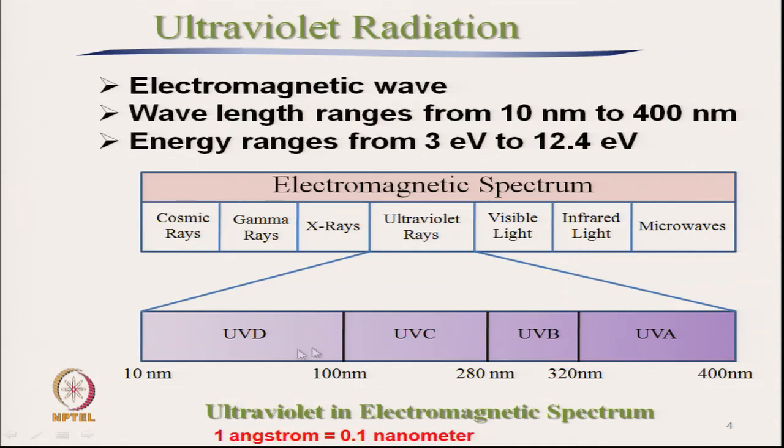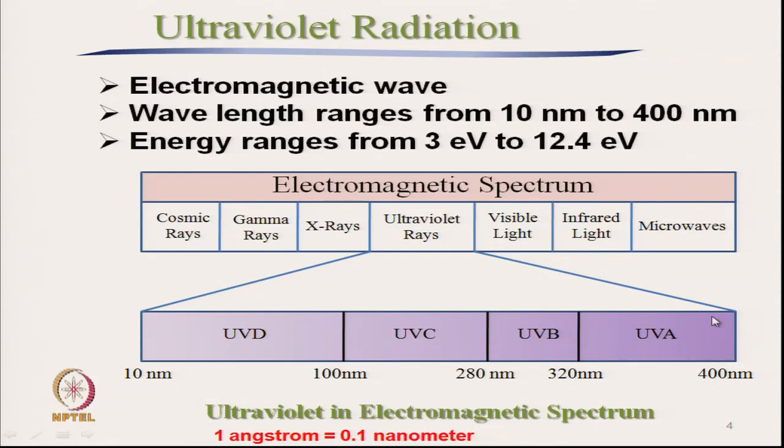Within this range it works, and it is classified in 4 subgroups: starting from UVD, then UVC, UVB, UVA, UVD being the least wavelength, and ultraviolet A the longest wavelength, of 400 nanometer.